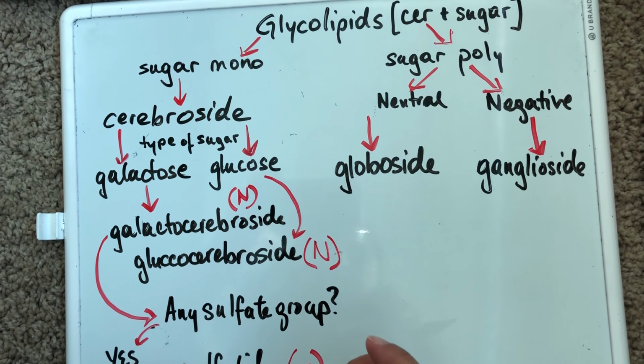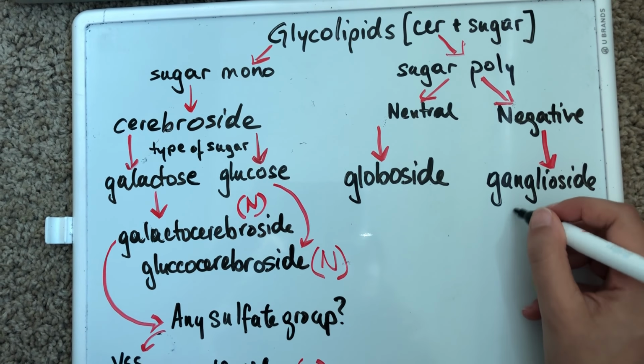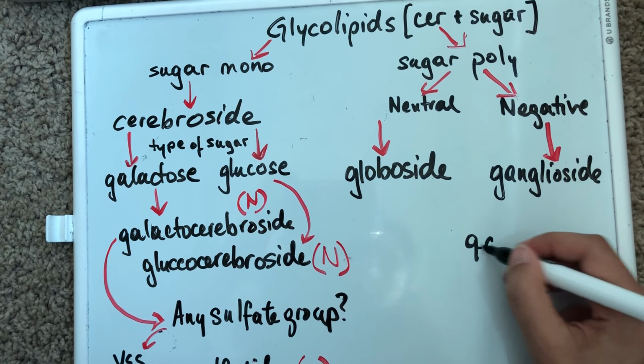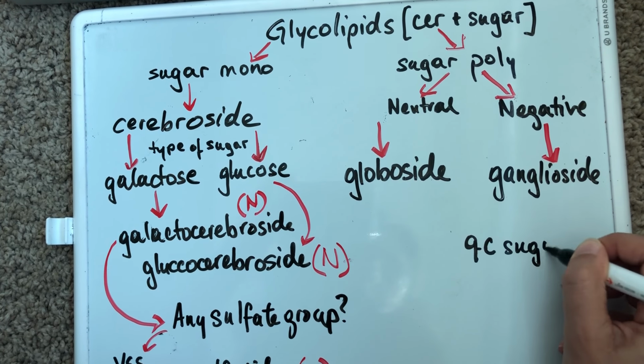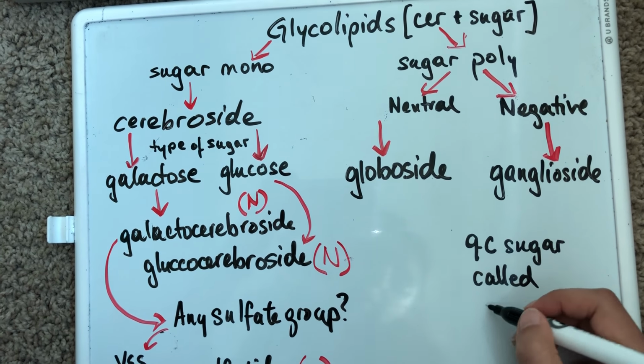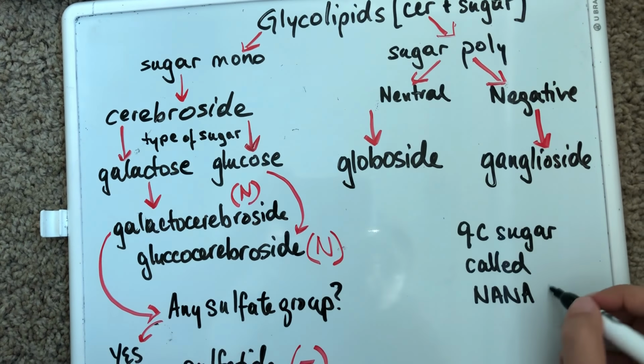So the ganglioside usually contains a 9-carbon sugar called NANA, or sialic acid.